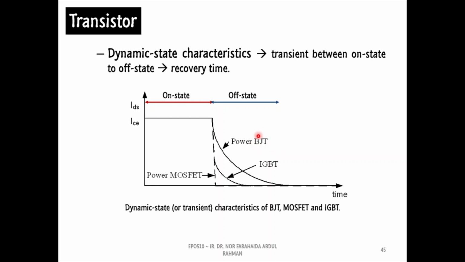Once again, IGBT is in the middle. Among all these transistors, IGBTs have been utilized widely in many applications. Meanwhile, the use of MOSFET is restricted to low power application with fast switching frequency.